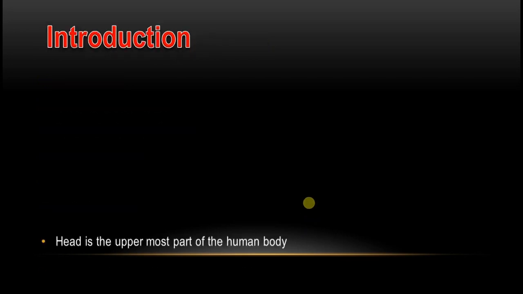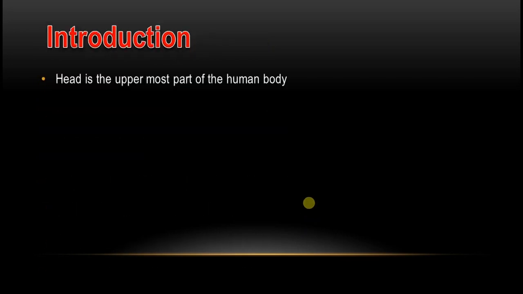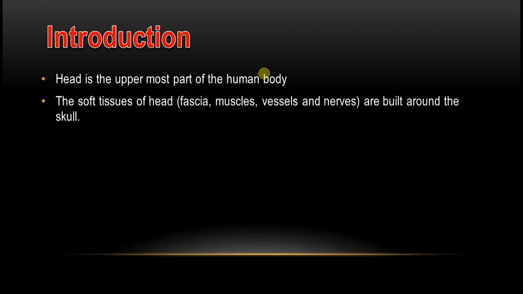Now, we all know that the head is actually the uppermost part of the body. And not only that, whenever we think of head, what comes to our mind is the brain. So the brain is actually present inside a protective covering, that is the skull.